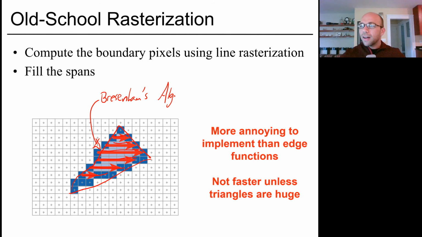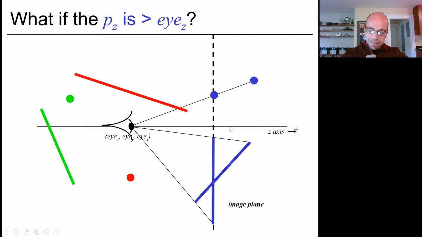Now, there are all kinds of other techniques out there for rasterization and considerations that you have to make when you're drawing your scene. One of them that we've talked about a little bit is depth. So we should be a bit careful when we handle depth. Obviously, if the point's Z is bigger than your IZ, then assuming that your eye is pointing in the plus Z direction here, you should render the point.